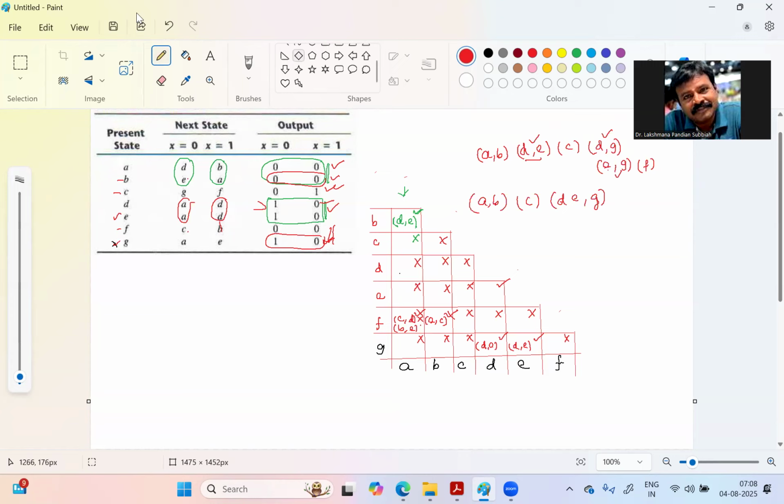So how do you find that out? As we have the implied pairs, from that you have to draw the merge table. You draw the merge diagram. How do you draw that merge diagram?